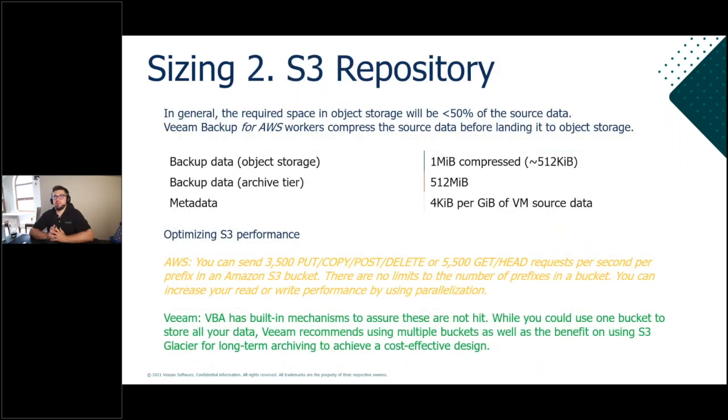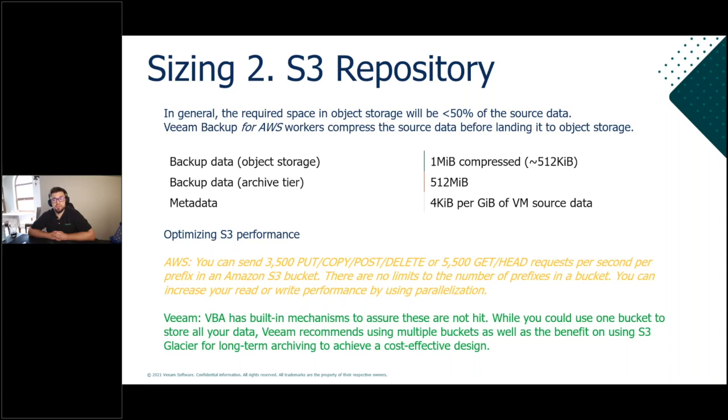The next one is S3 repository. So in general, required space, which we calculate, is less than 50% of the source data. On top of that, there will be, of course, S3 object storage dedupe. So it will be less than 50% in the long run. For the initial run, it will be less than 50%. So backup data object storage block size is 1 megabyte.